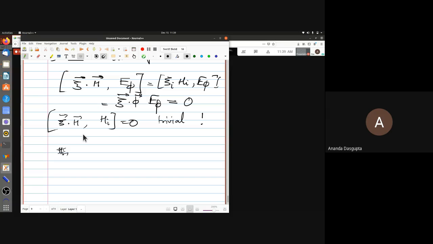What I omitted to specify at the beginning is that some of those eigenvalues will be zero, but the zero eigenvalues are the ones which belong to the Cartan subalgebra itself. For the rest, you have non-zero eigenvalues, and those are the ones which are called E phi, the shift operators. Having said that, if something commutes with all the E phi's and all the h_i's, then it commutes with all operators in the Lie algebra, right?